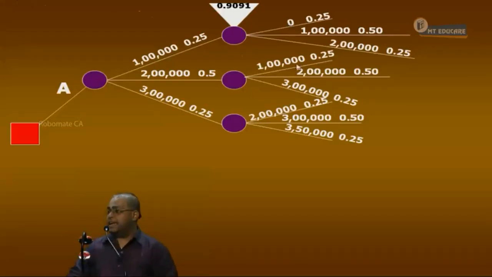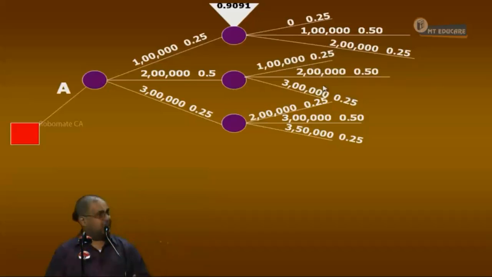Now, similarly, please help me out. Second year cash flow may be 1 lakh or 2 lakhs or 3 lakhs. Will I expect 1 lakh or 3 lakhs average? Average means what average? Weighted average. 0.25 into 1 lakh plus 0.50 into 2 lakhs plus 0.25 into 3 lakhs.